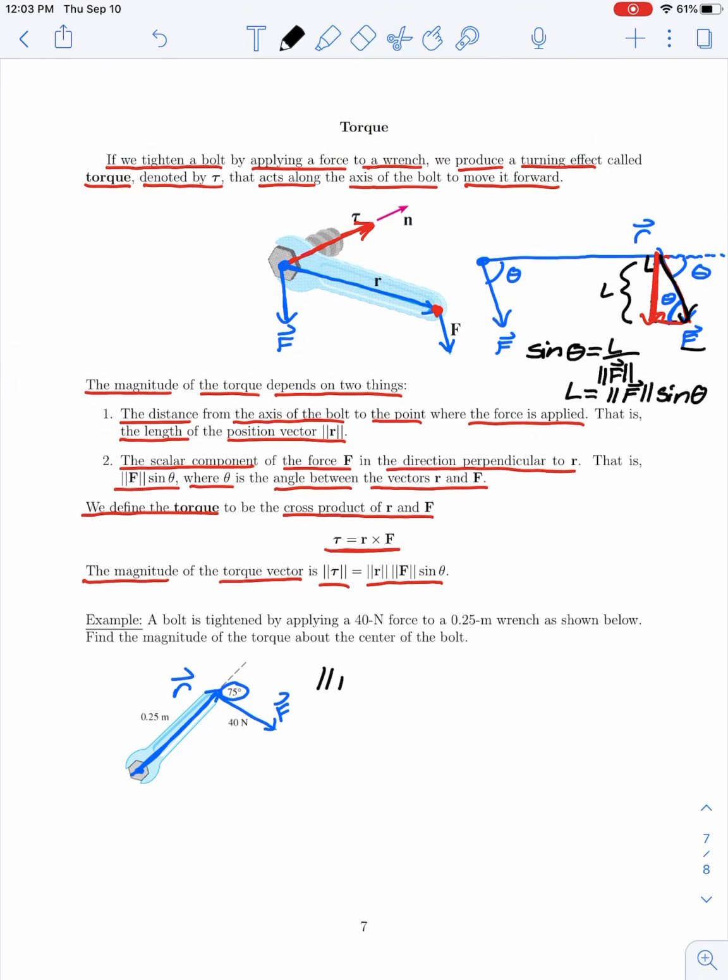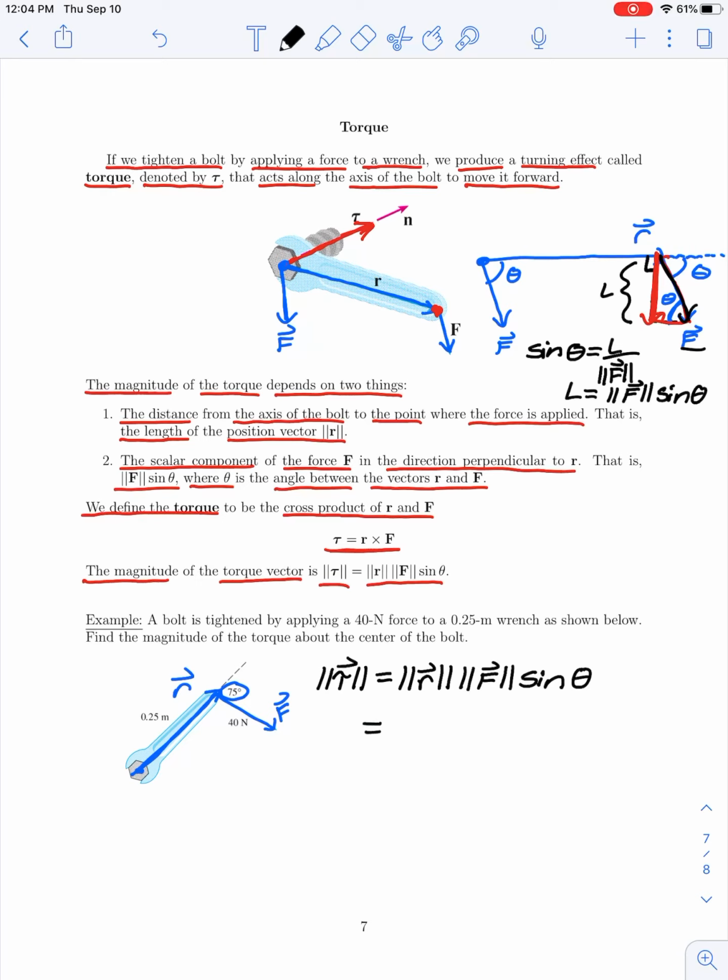So, using our discussion of the magnitude of the torque vector above, we said the magnitude of this torque vector, tau, is given by the product of the magnitudes of the displacement vector r and the force vector F times sine of theta, where theta is the angle between these vectors.